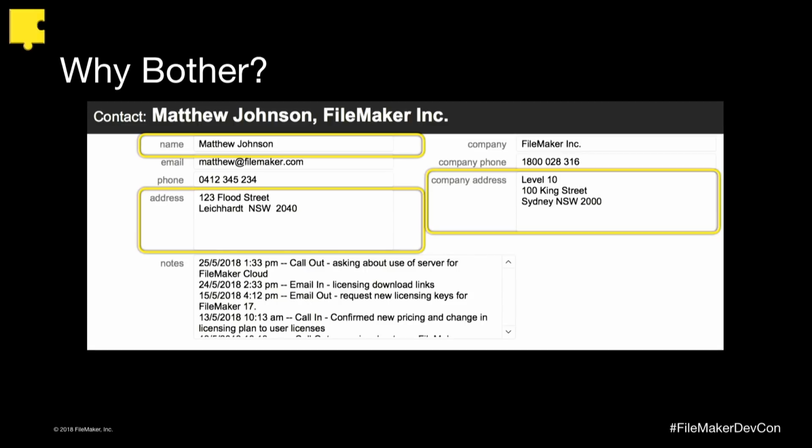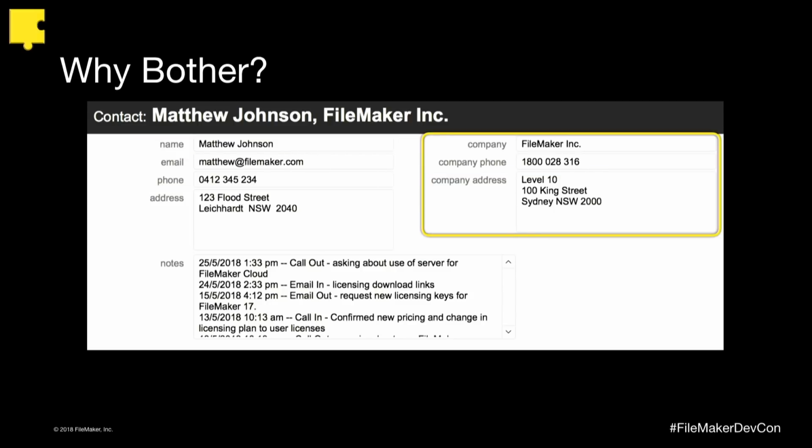I often say to people in courses that if you ever set up a database with someone's full name in one field, I will find you and I will counsel you out of that. Never do that. Obviously, they've also put all the information about the address into one field. They've put all the information about the company address into one field. There's aggregation of data here, which will cause problems for sorting, for searching, for reporting.